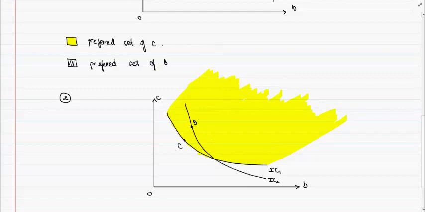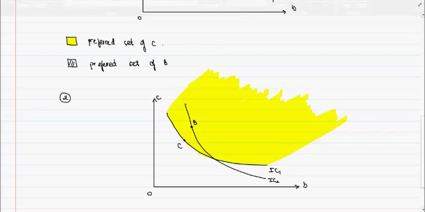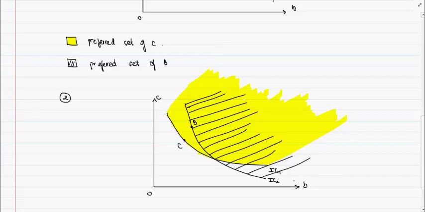And for the preferred set of B, I will use the black line, something like this. Anything above the black indifferent curve that is going through B is the preferred set of B, which is all the black line area.